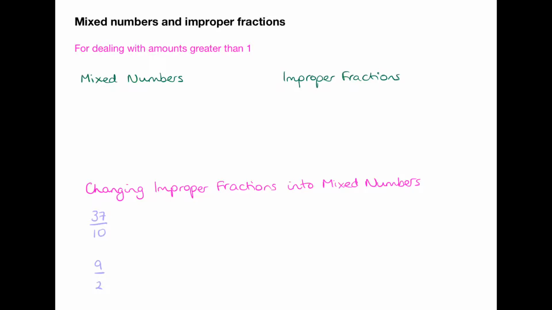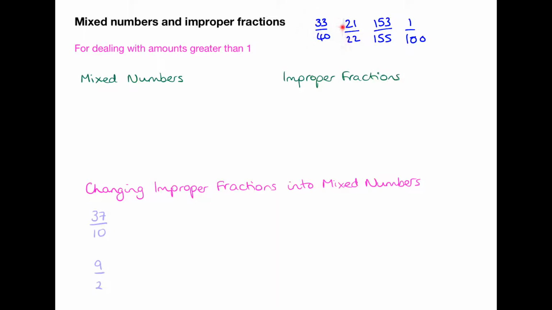Okay, if you think about fractions that represent amounts that are less than 1, for example, 33 over 40, or 21 over 22, or 153 out of 155, etc. What these all have in common, if they represent less than a whole one, is that the numerator is smaller than the denominator. So it's been split into this many pieces, and we've chosen this many of them. So if you split something into 40 pieces and choose 33 of them, you've chosen less than the full amount, less than a whole one.